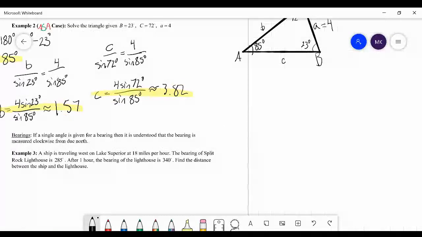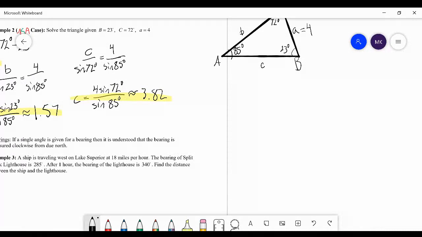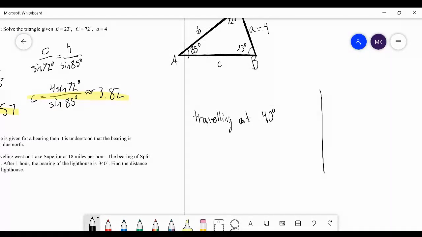And so if we said something like, I'm traveling at 40 degrees, okay, so if this is our north, east, south, west, 40 degrees would be this direction.